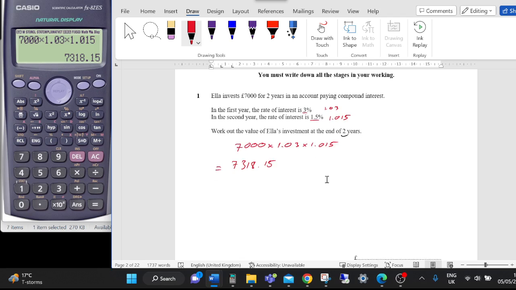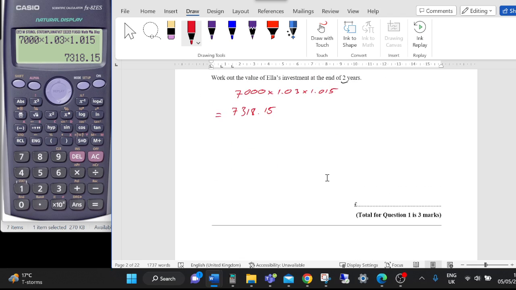So I'll write that in my answer line, 7,318.15. The mark scheme suggests it is 1 mark for multiplying by that, so we've got an M1, and then a second method mark for multiplying by that, and then an A1 for the answer. That's where the 3 marks come from.